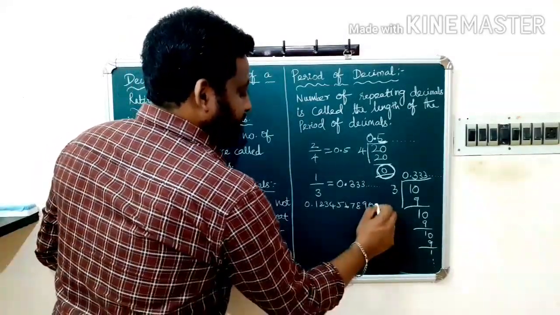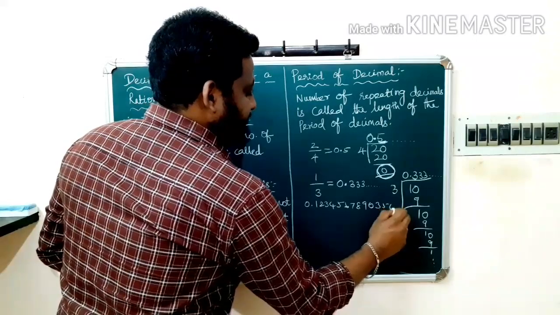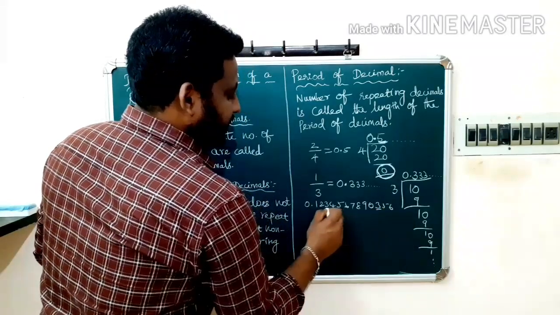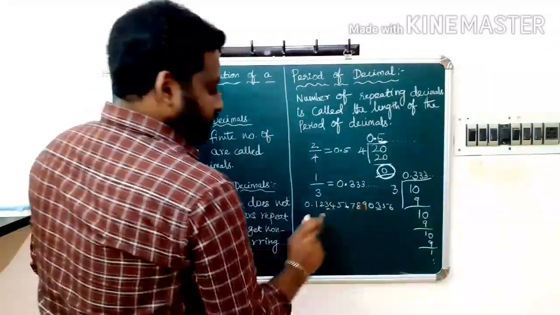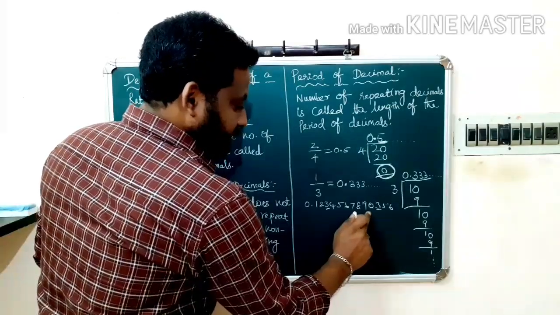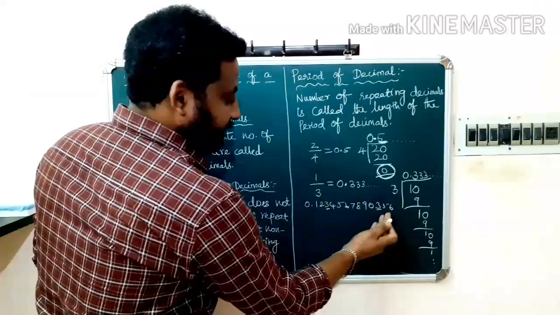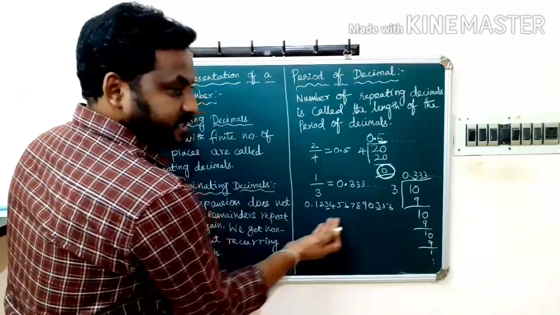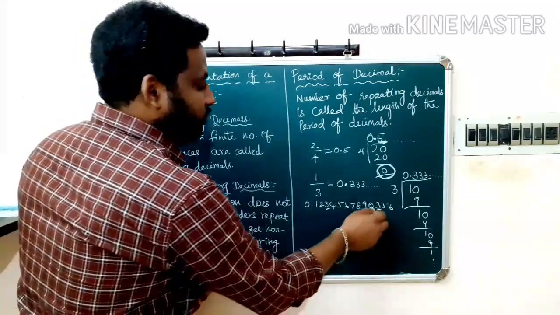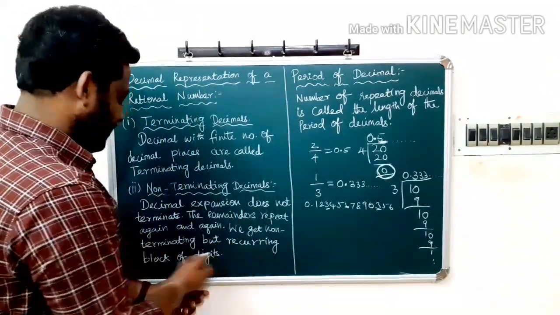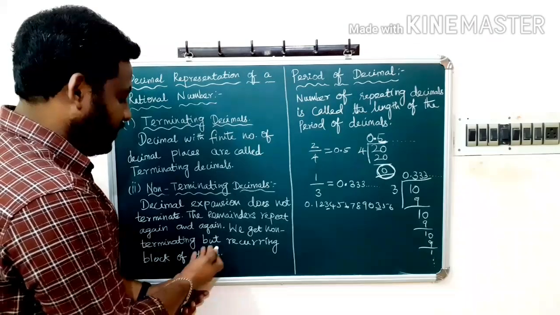For example, 3, 5, 6. 3 is already written in the third place. So after 10 decimal places, we will get again the same digits which were written before. That is called a recurring block.